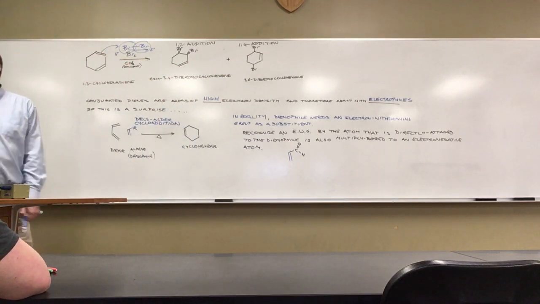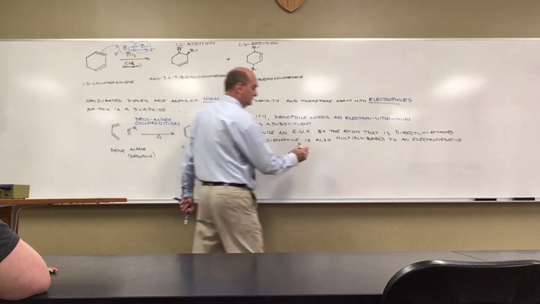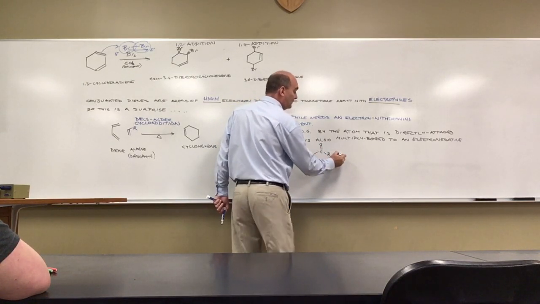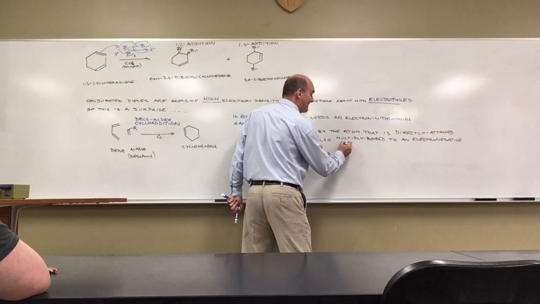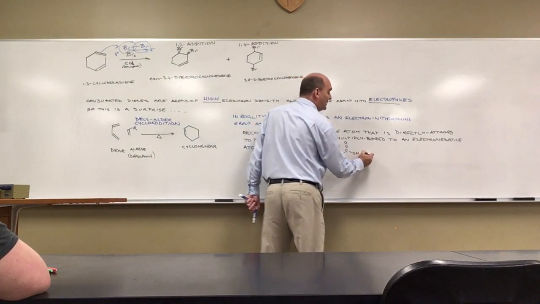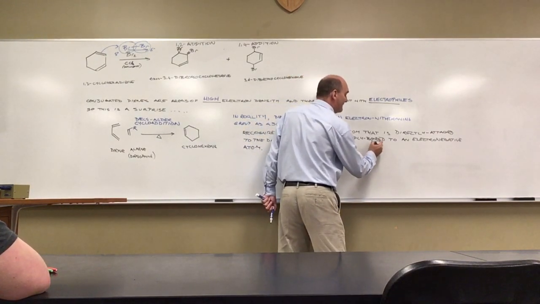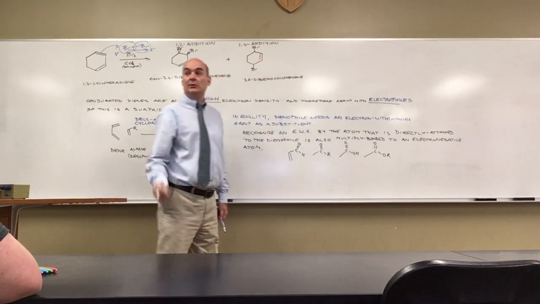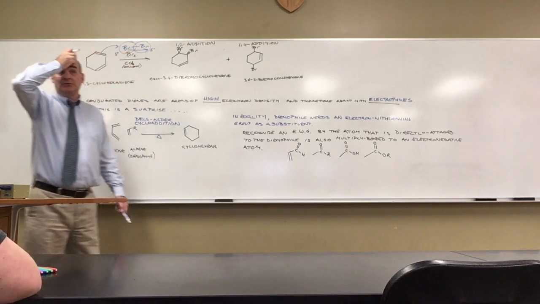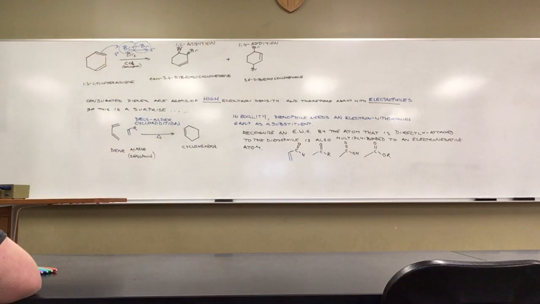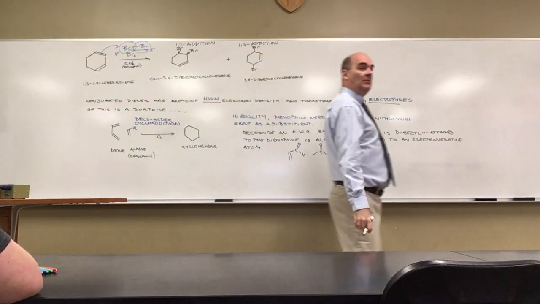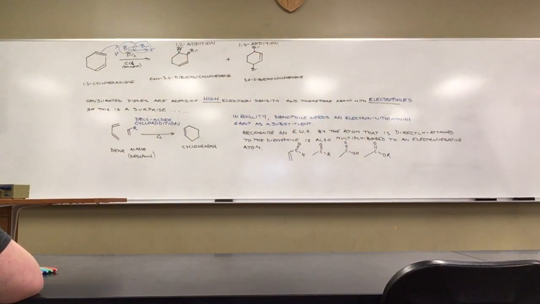That's an aldehyde. Or a ketone. Or a carboxylic acid. Or an ester. All of those are electron withdrawing groups. They are aldehydes, ketones, carboxylic acids, esters. All in the carbonyl family.